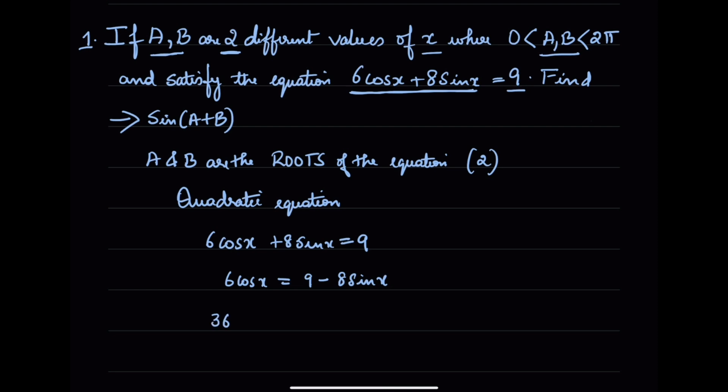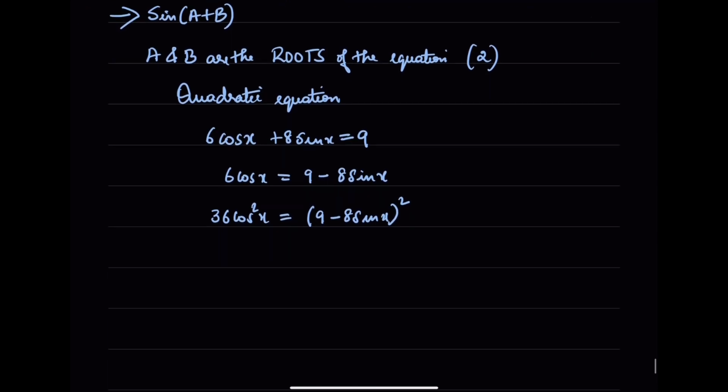So we will have 36 cos square x is equal to 9 minus 8 sin x the whole square. Let's apply a minus b the whole square. So on the right hand side, we would have 81 plus 64 sine square x minus 144 sine x.